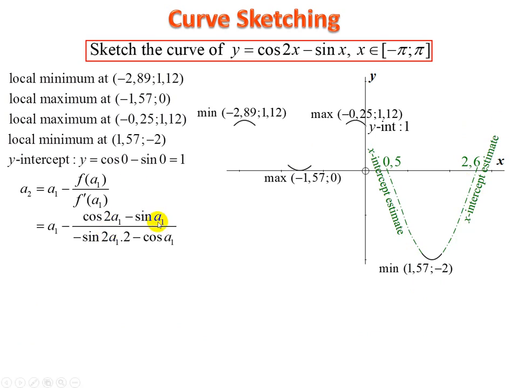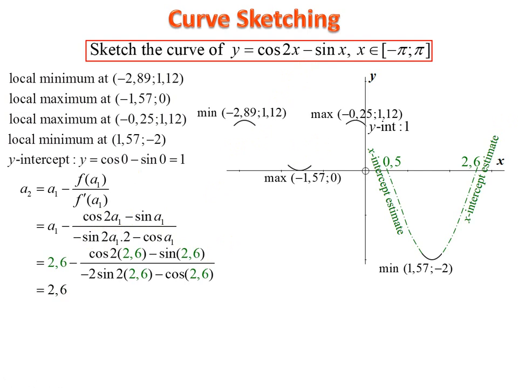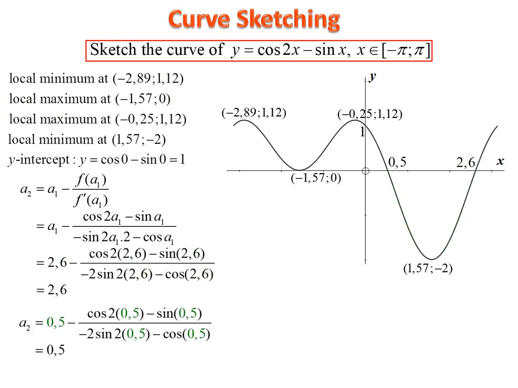So there's the original function and there's the derivative of that function. Great, comes back with the same number. Substitute 0,5 and it comes back with 0,5. So there is my graph.